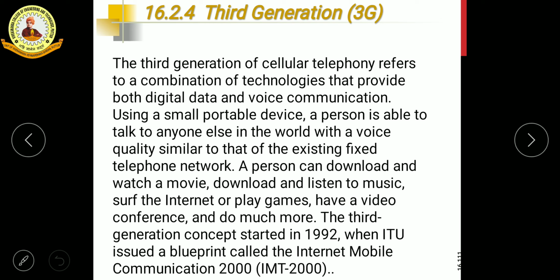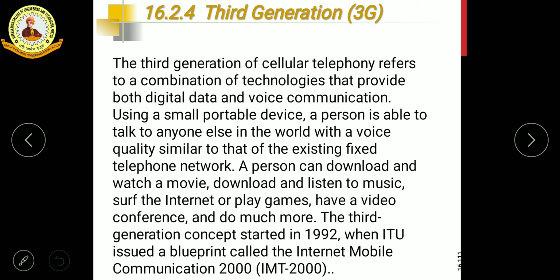Next one is third generation mobile networks. In third generation mobile networks, the third generation of cellular telephony refers to a combination of technologies that provide both digital data and voice communication, right?